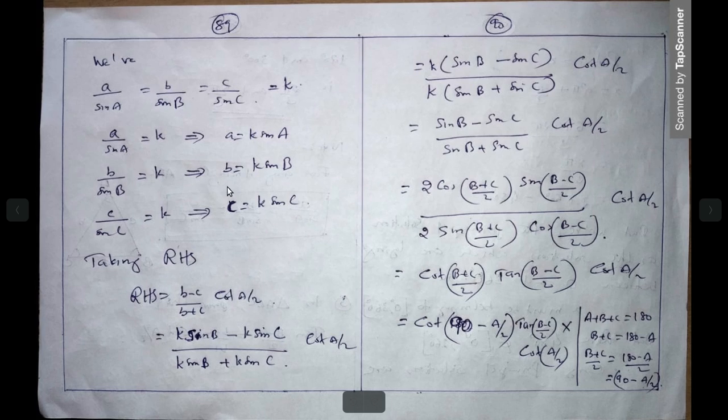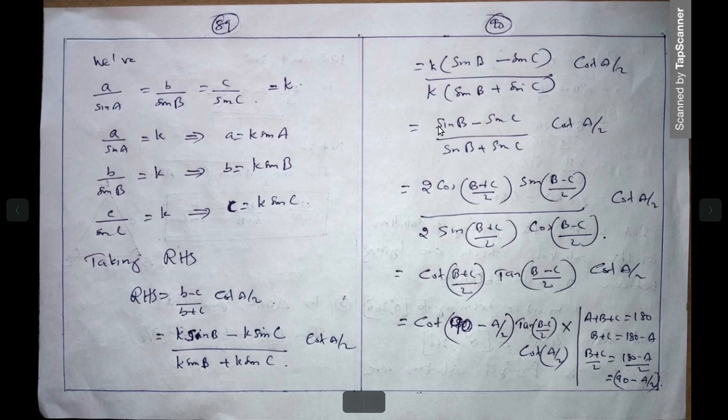What is b here? b means k sin B, so we get k sin B minus k sin C divided by k sin B plus k sin C into cot A by 2. From here k can be taken outside and both k are cancelled. So sin B minus sin C divided by sin B plus sin C into cot A by 2.